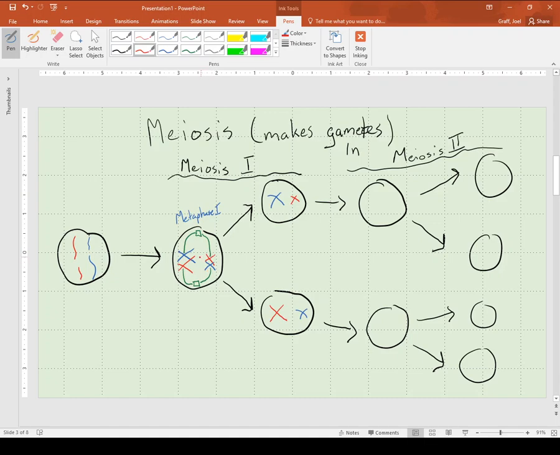But there's nothing about, if this one starts out with blue on the top and red on the bottom, there's nothing to say that this one couldn't be blue on the top and red on the bottom. The independent assortment is going on.